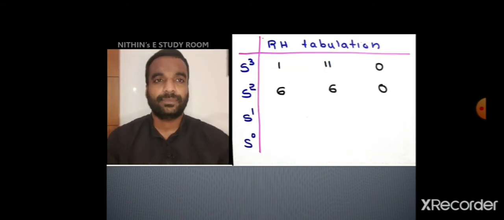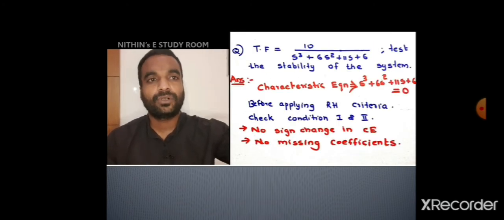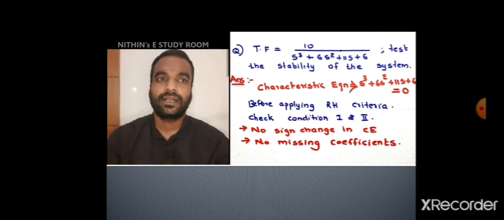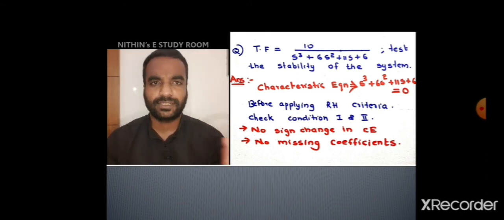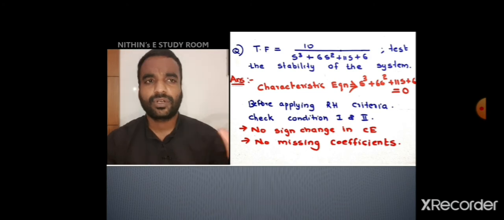Now draw the RH stability table. In S cube's row, you have to write 1, 11 and 0, because just after one alternate position no coefficients are there, no S term is there, so you have to take 0. So 1, 11 and 0.